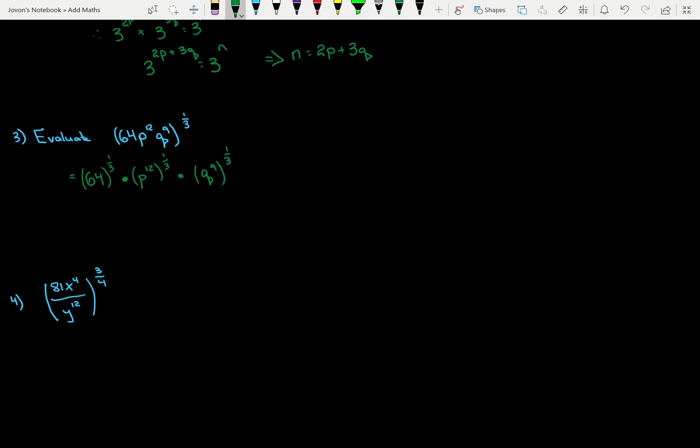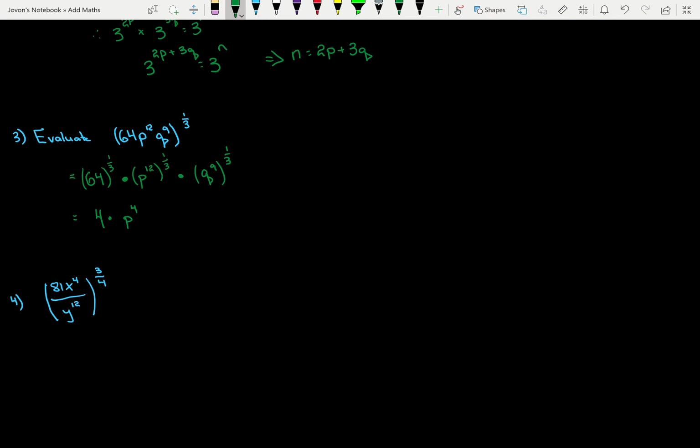Using the power rule, we can simplify this. 64 to the power of 1/3 is actually 4, so it would be 4 multiplied by, remember this is the power rule, so all we're doing is multiplying. So it would be p to the power of 12 over 3, which is p to the power of 4.